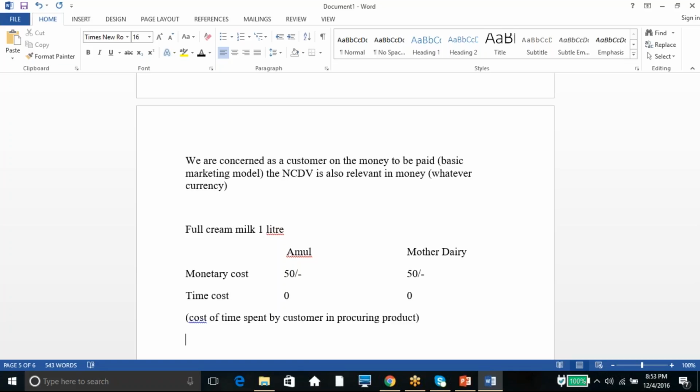But in the real product world, real estate is where you actually see a huge time cost. A ready-to-move-in apartment versus an apartment which you have booked now has a big variation in time cost, because till you get that apartment, you're paying rent somewhere, probably paying an EMI somewhere, and therefore the cost of that time spent till you actually get the product is very high there.